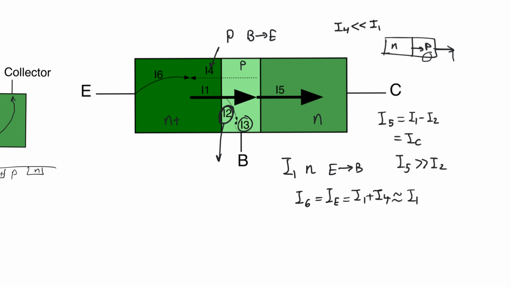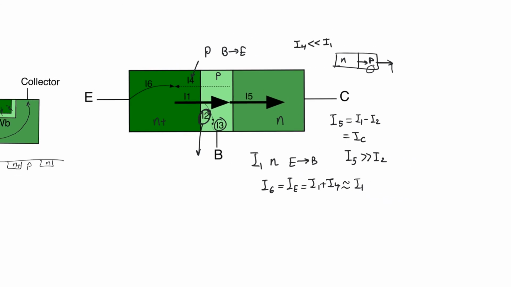Now, if I6, which is the I emitter, is approximately equal to I1, then that means that the I collector is also approximately equal to the I emitter. So what we want to see here is that the emitter current is mostly formed of electrons. This would happen if I4 is much smaller than I1, and that most of the emitter injected electrons, I1, make it into the collector as I5.